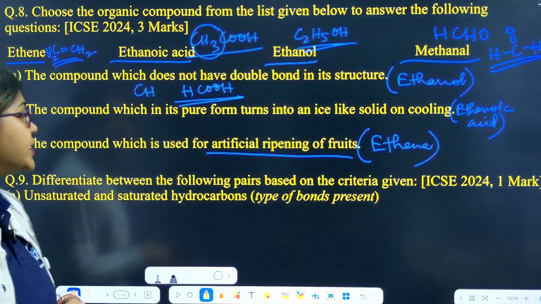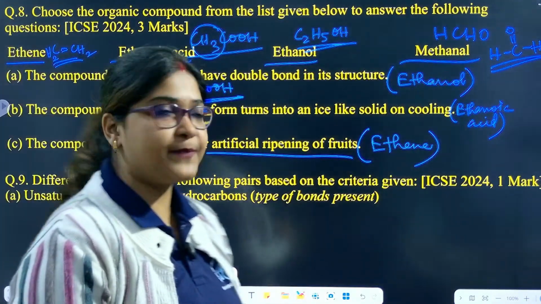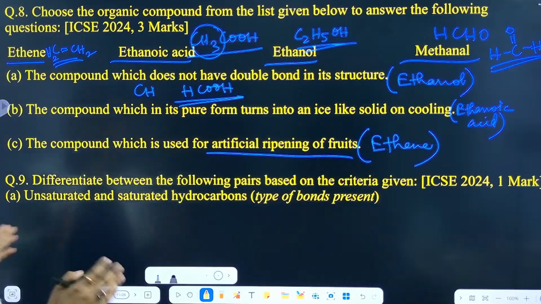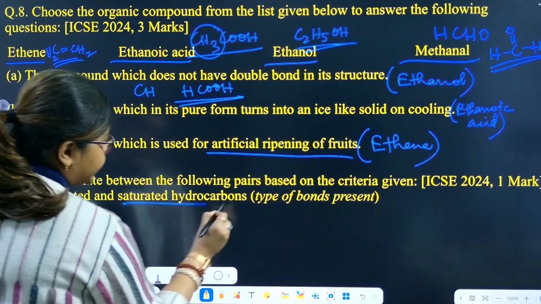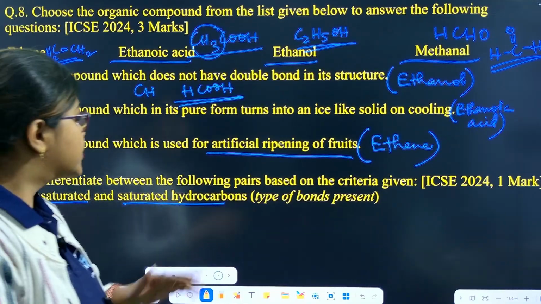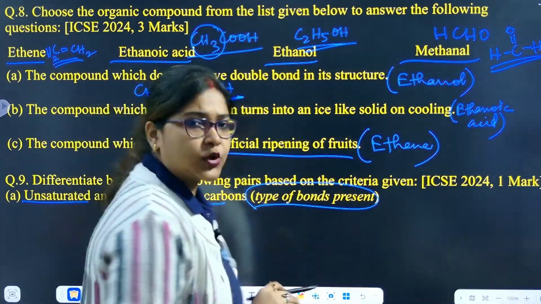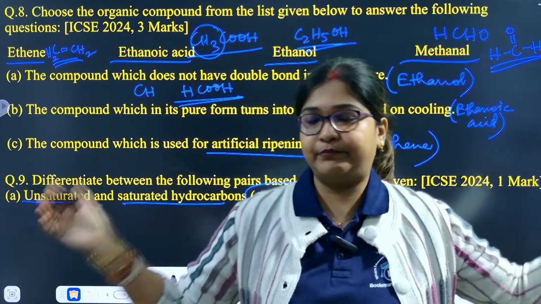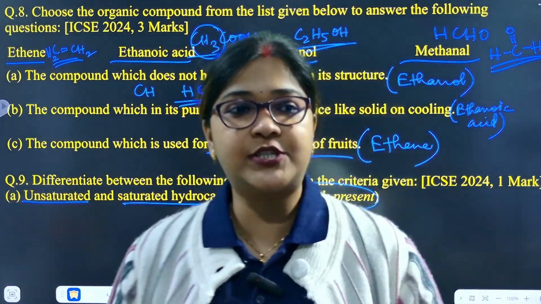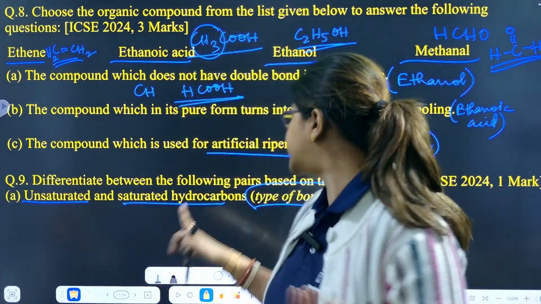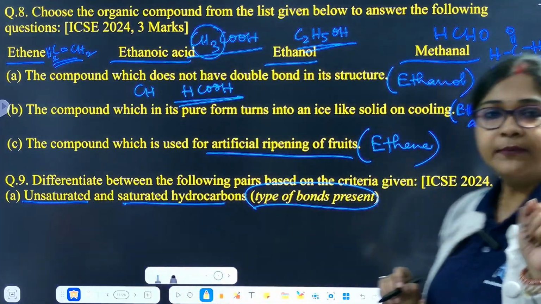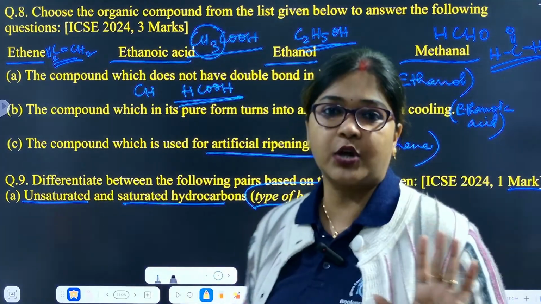Next, differentiate between the following pairs based on the criteria given. What are unsaturated and saturated? So what criteria is given? Type of bonds present, nothing else. Like pages after pages, don't write. It is just a 1 mark question. The criteria is also given.